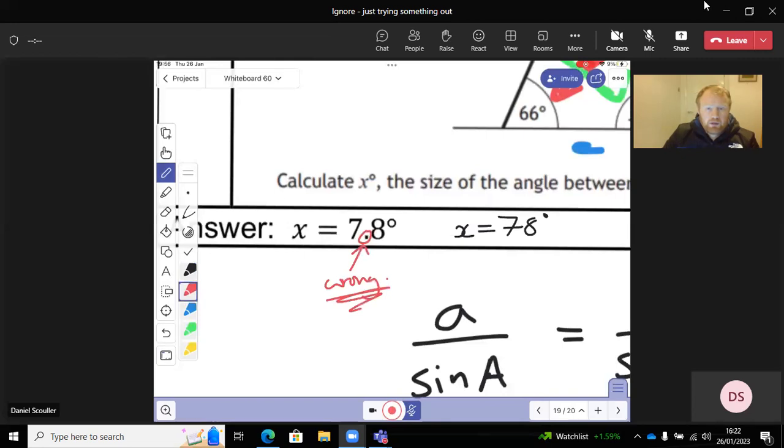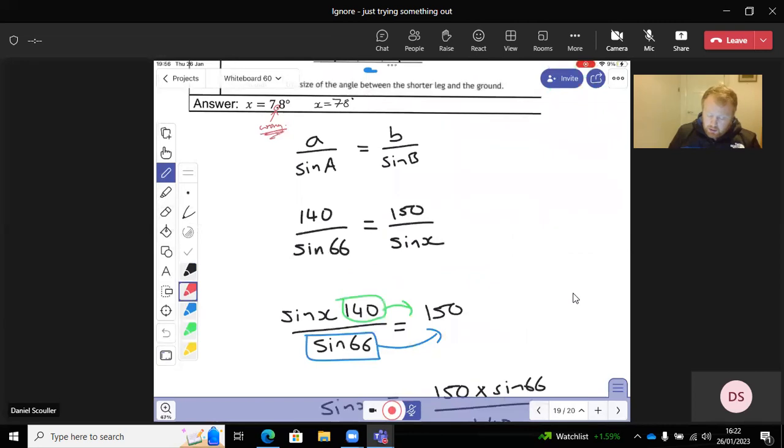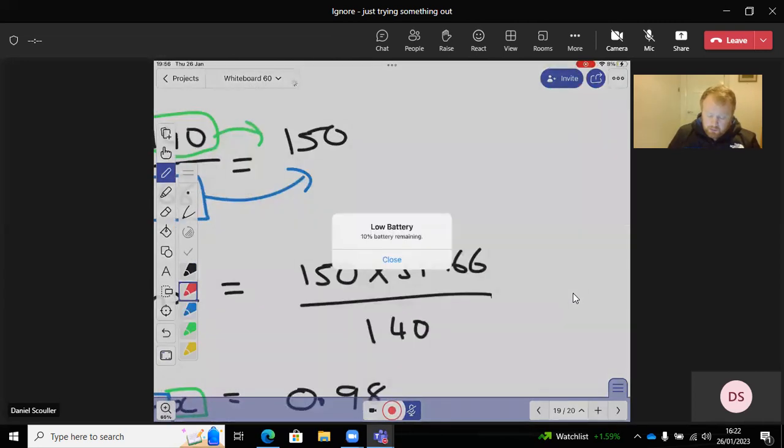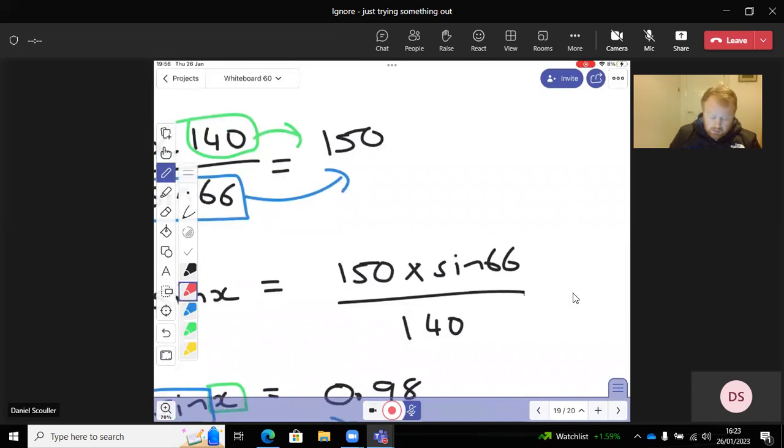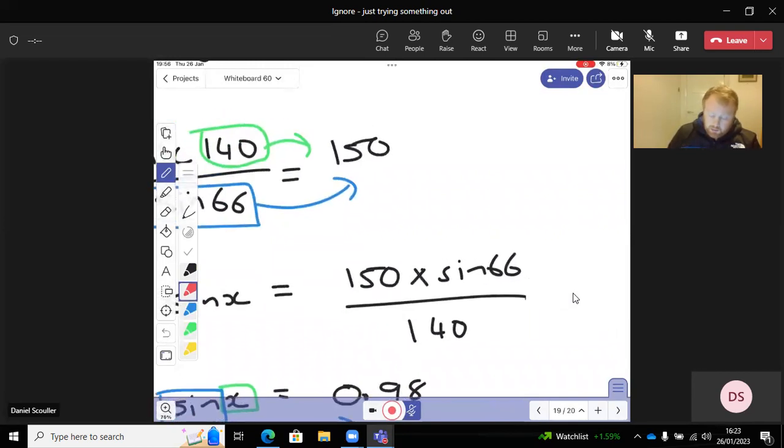How is sin 66 calculated in your calculator? This bit's just in your calculator, just sin 66. Just the button sin and then 66.